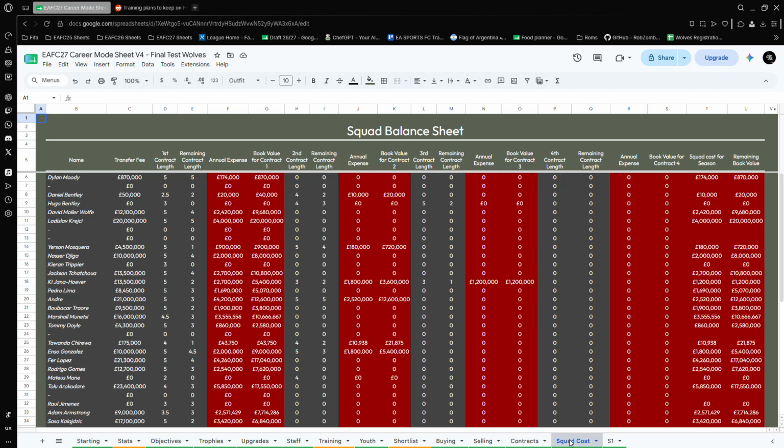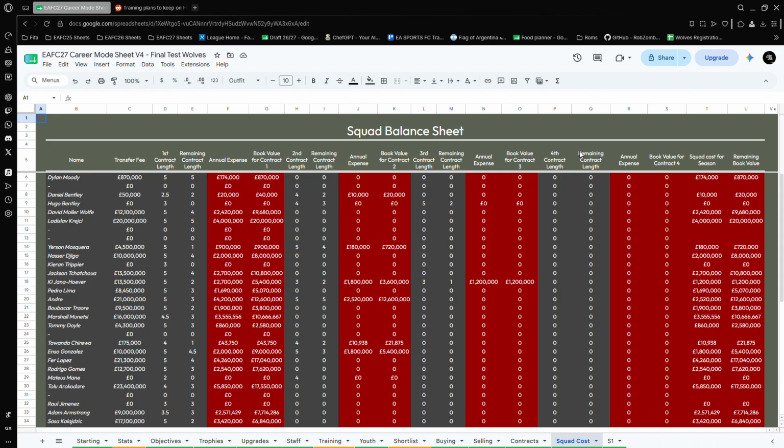So the way to explain it is, if you sign a player for £5 million and you give them a 5-year contract, no matter how you pay the club, if you just pay that £5 million all up front, on the book, the squad balance sheet as it is, that £5 million gets divided up by their contract length. So in that case, £5 million divided by 5, so you pay £1 million a season for the next 5 years. That gets added onto your squad balance sheet, and then you do that for every single player, and it'll give you a total value.